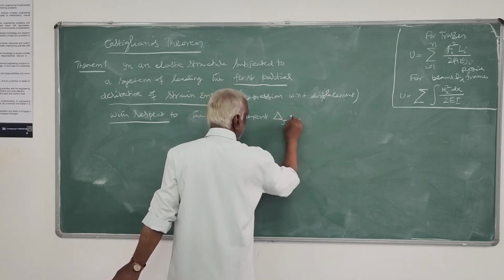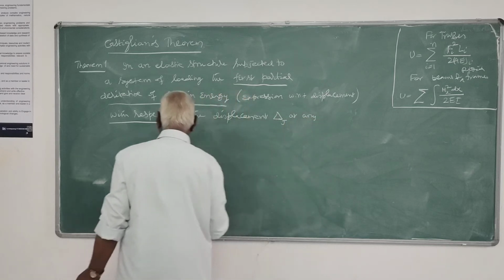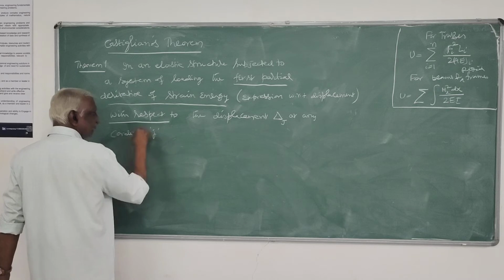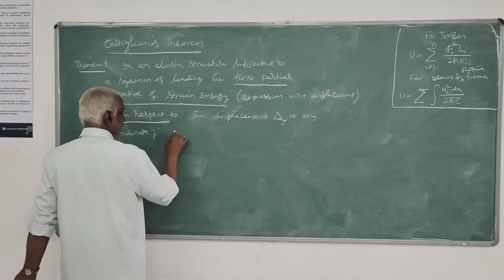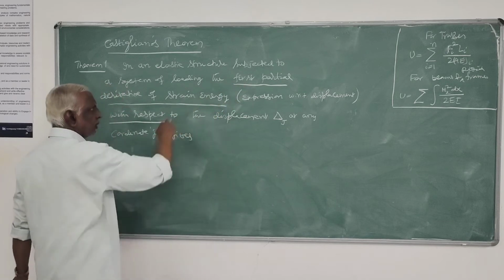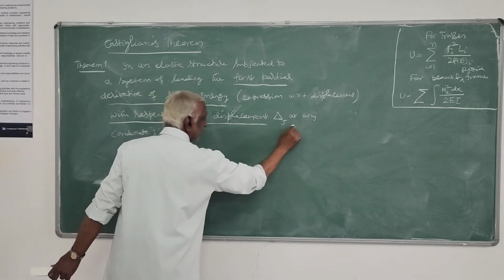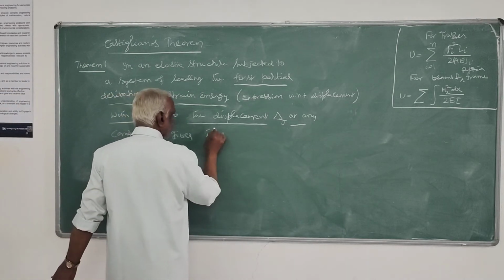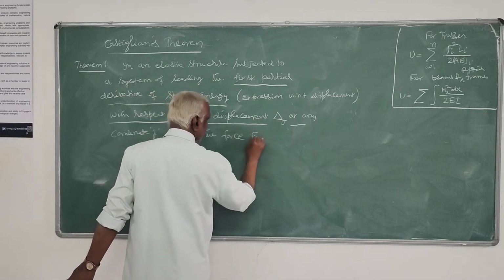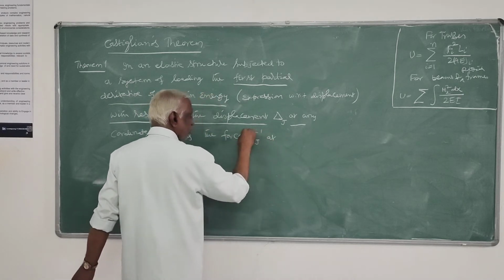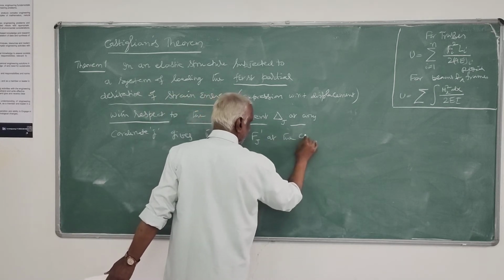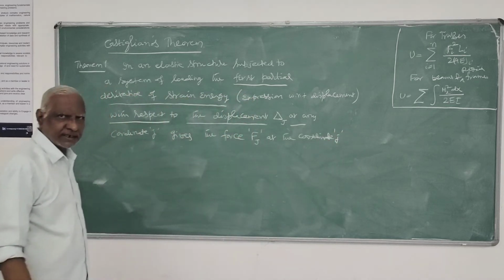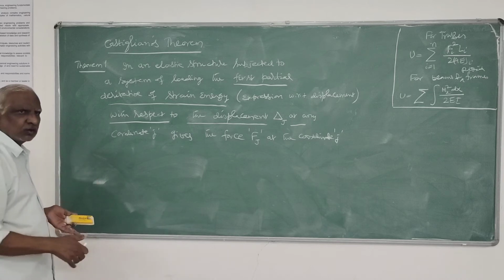delta J at any point or any coordinate J gives the force Fj at the coordinate J. The first partial derivative with respect to displacement will give you force.